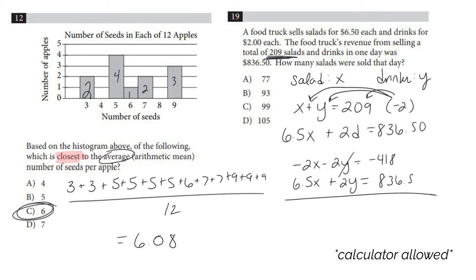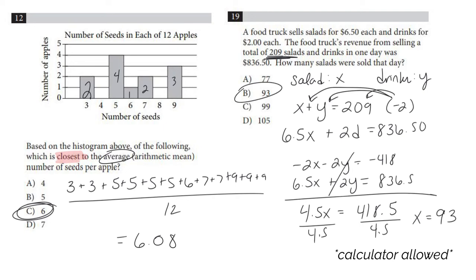Add those up, it's going to eliminate the y's, so I have 4.5x equals 418.5. Now remember, my x is solving for the number of salads, so all I have to do is solve this one-step equation, and that's going to give me 93, so that is the number of salads that were sold in the day.